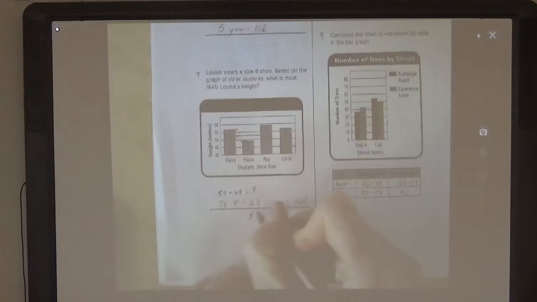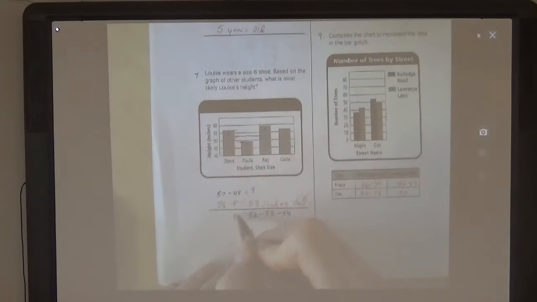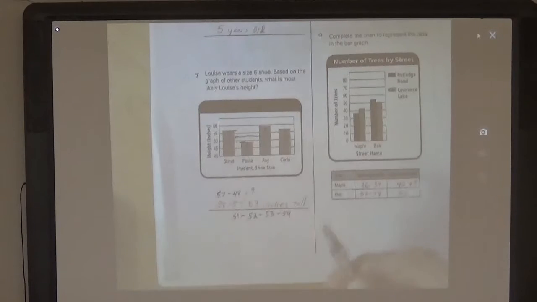So I would accept 52 to 53. It can't be higher than 58. Maybe 54 or 51, but it has to be more than 50.